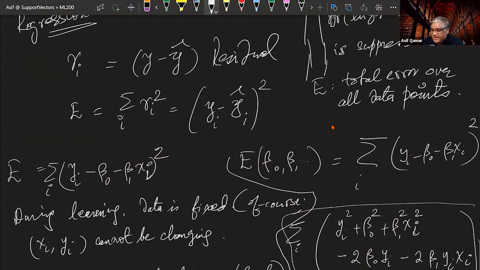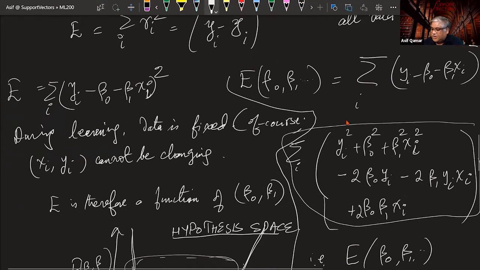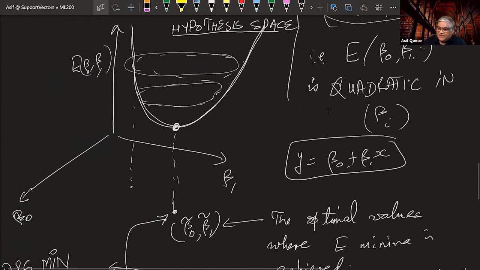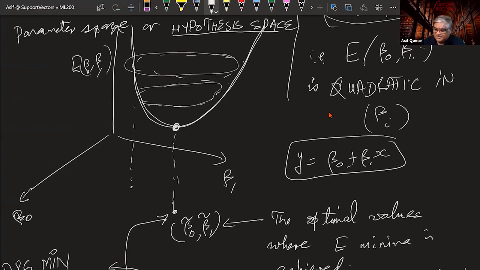Then we expand it out mathematically, and we notice that it is a quadratic function in beta naught, beta 1. So in the hypothesis space, or parameter space, whose axes are beta naught and beta 1, it looks like this parabolic surface. Did you get that? Should I re-explain?